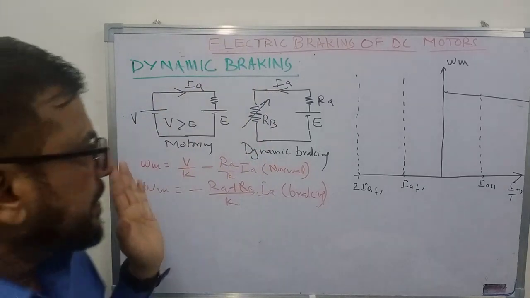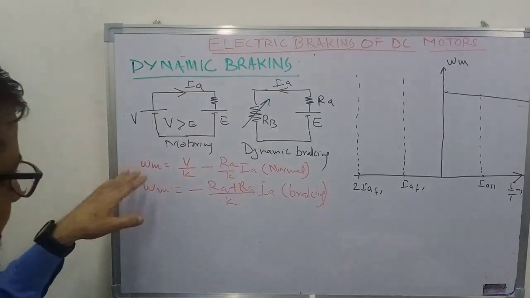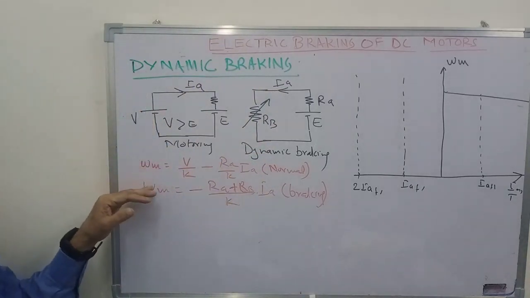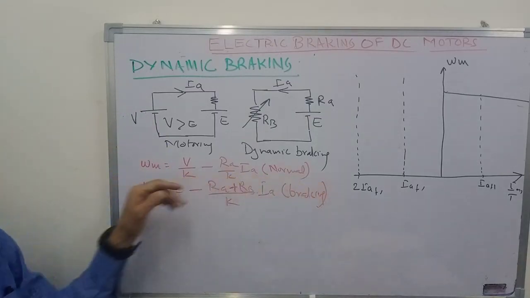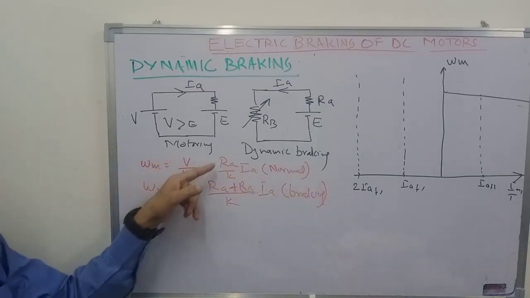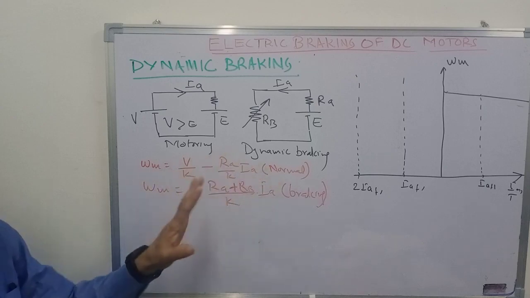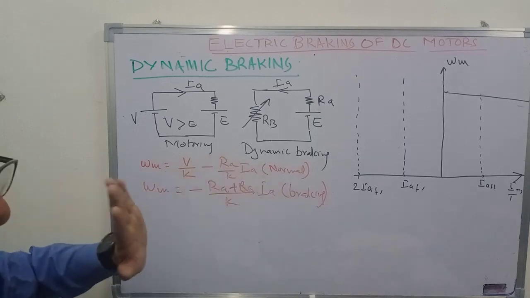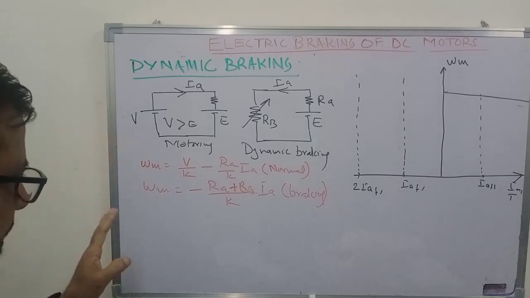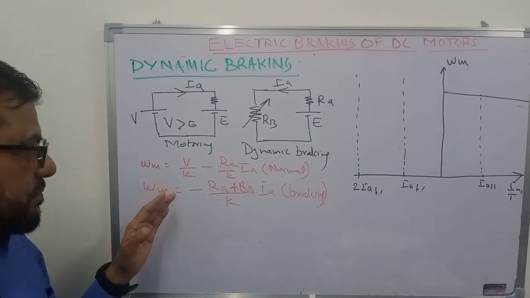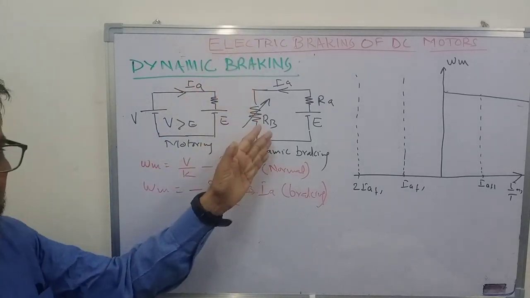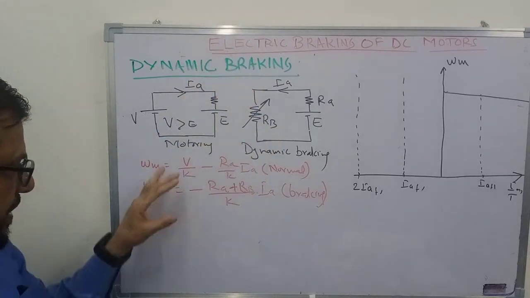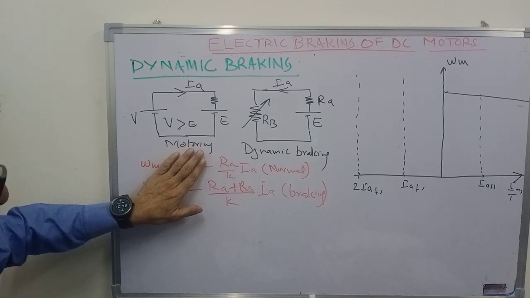So what happens is that the equation for the speed versus current in the normal operation is like this: V upon K minus RA upon K IA. So this is the normal case equation of speed. Now when we reduce the voltage to 0 and short circuit by some braking resistance, then this term will become 0.